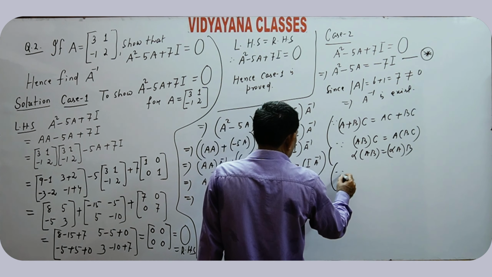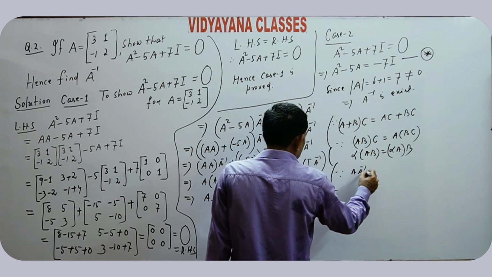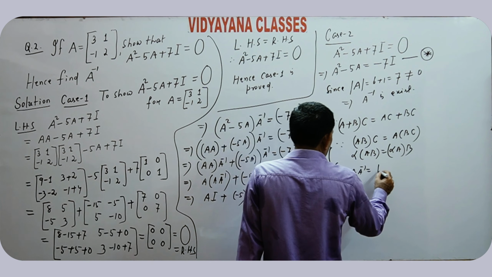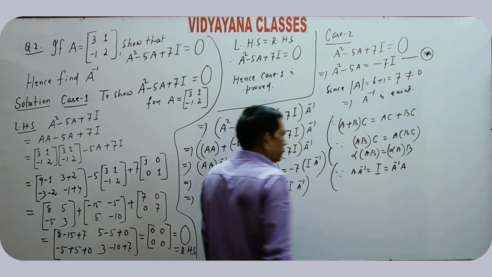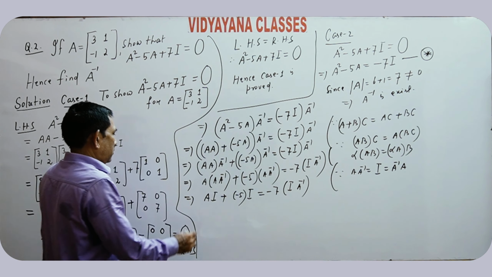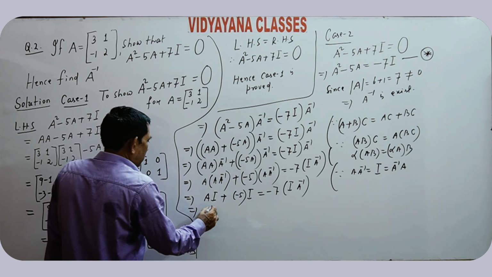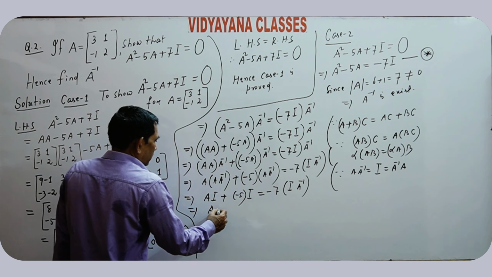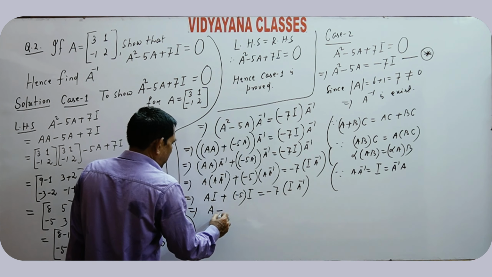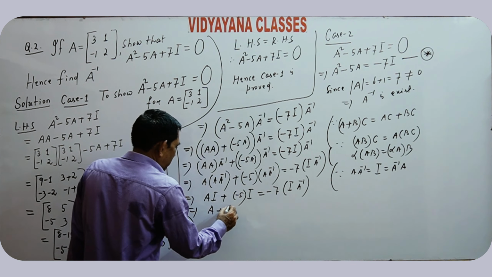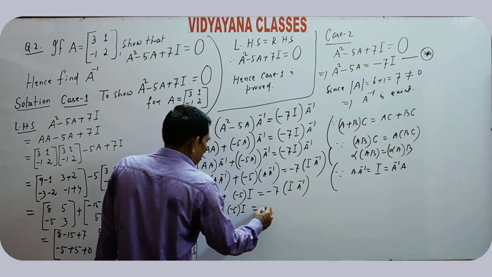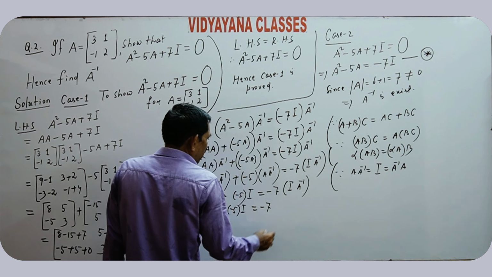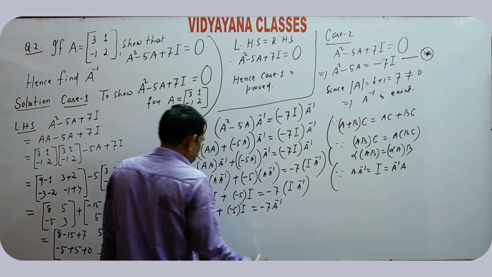Since A into A inverse is equal to I, which is the same as A inverse into A, this gives A plus minus 5I is equal to minus 7 A inverse.